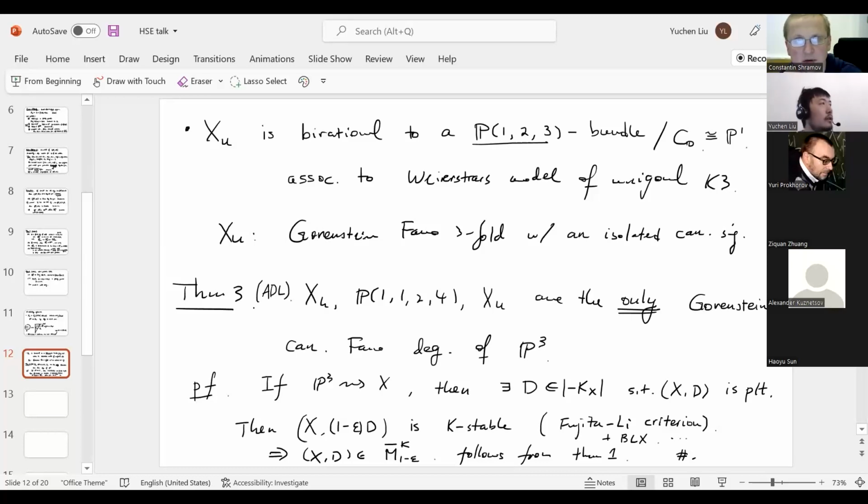Oh, okay. Yeah, that's a great question. So for P2, let me see. Here I think I use Gorenstein essentially, because otherwise you may have, for instance, all these non-Gorenstein surfaces that are degenerations of P2. You can take a cone over it. These are not Gorenstein degenerations.